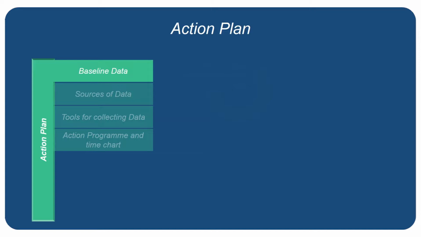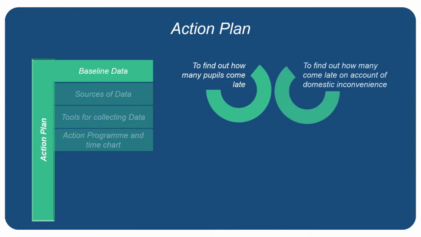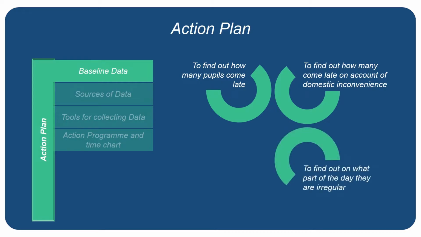When we talk about the baseline data, first of all we need to find out how many pupils come late. For example, coming late is a problem. Then to find out how many come late on account of domestic inconvenience, and to find out on what days they are irregular, and on what part of the day they are irregular.